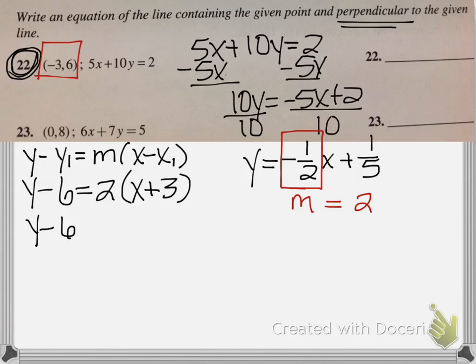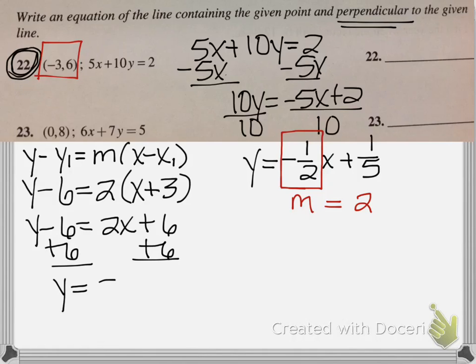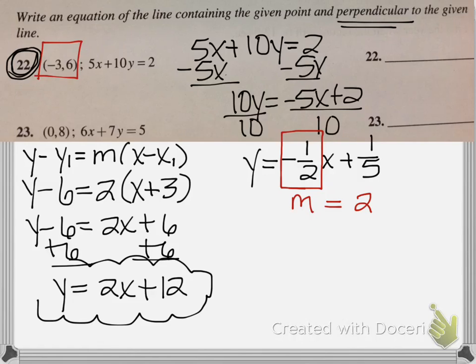So distribute, and finally isolate the y. So y equals 2x plus 12. So my new equation is y equals 2x plus 12. This is perpendicular to the line they gave me of 5x plus 10y equals 2, and it goes through the point negative 3, 6.